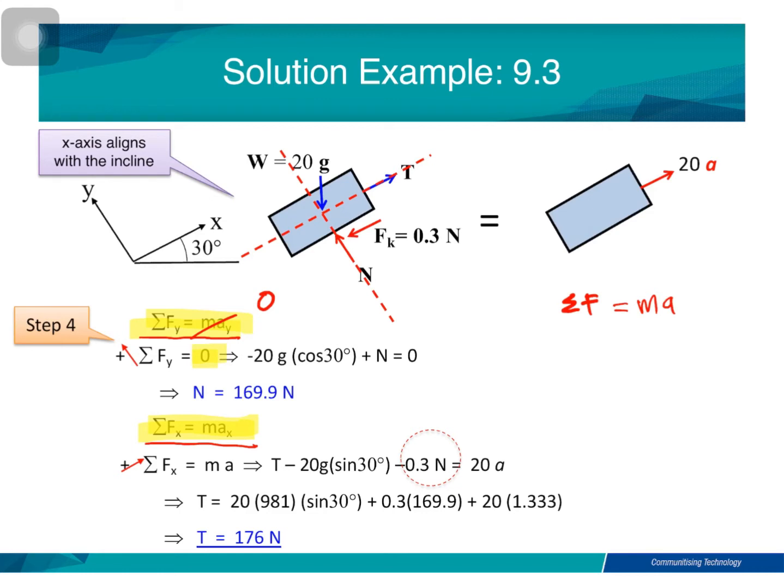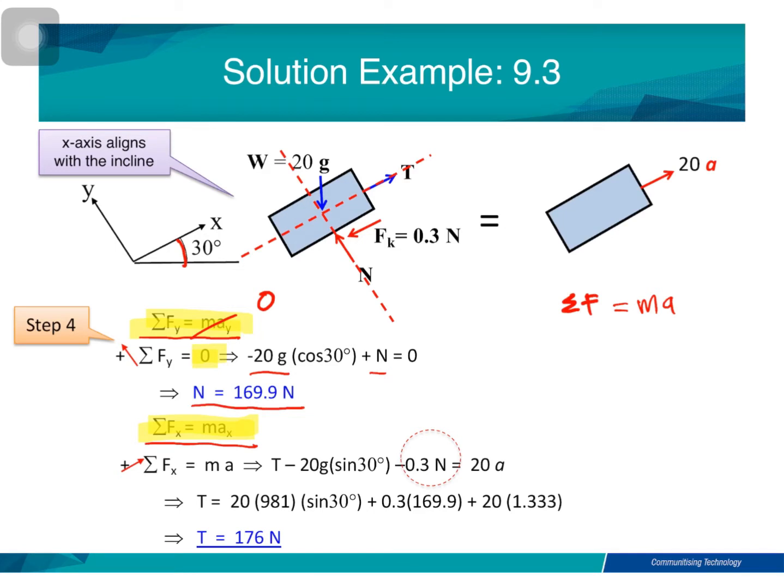For this case, we have weight and normal force. That is why we have summation Fy is equal to 0, equal to negative 20g times cos 30, because the incline here is 30 degrees, plus N. So we have here N is equal to 169.9 N.